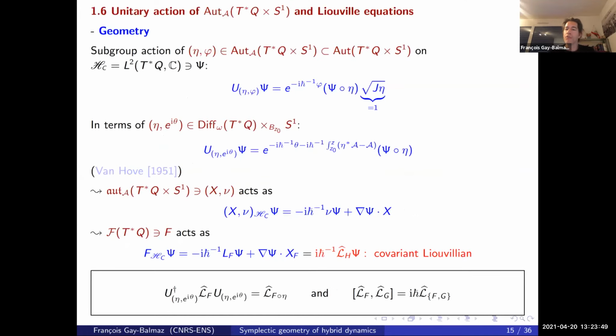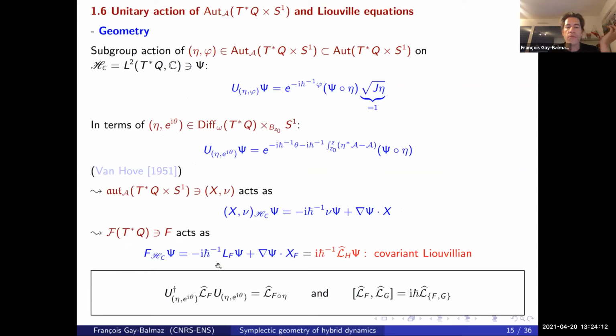Okay, so now let's look at the unitary action of this group. I just want to see this group as acting as a subgroup of the previous action that I already mentioned. So I get this unitary action, same form as before, or here in terms of central extensions.